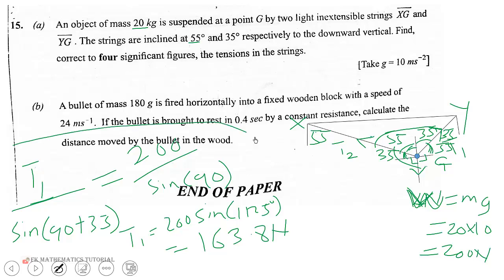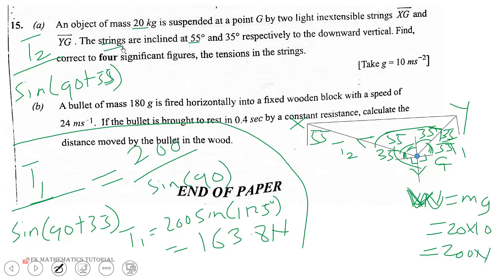Let me use the space above here. So T2 over sine of 90 plus 55 will be equal to the weight, which is 200 newtons, over sine 90.